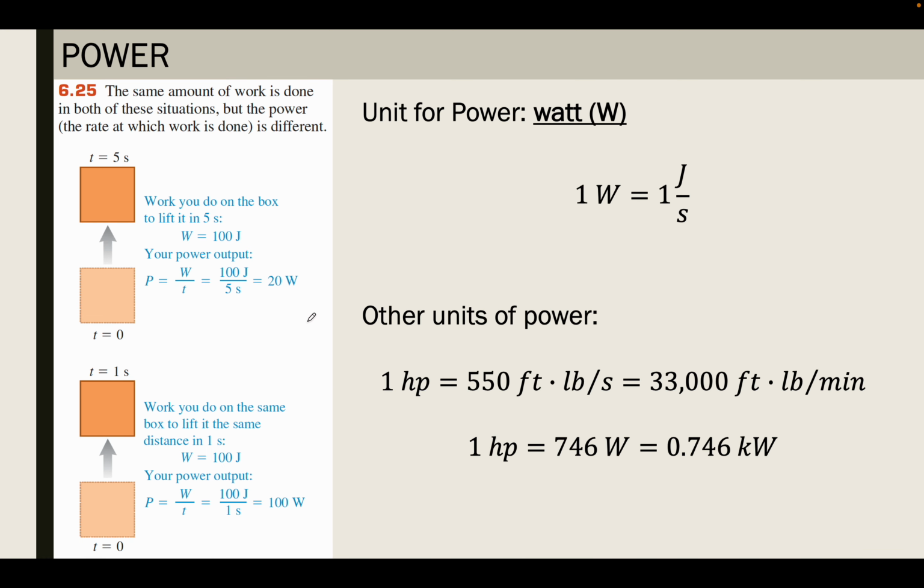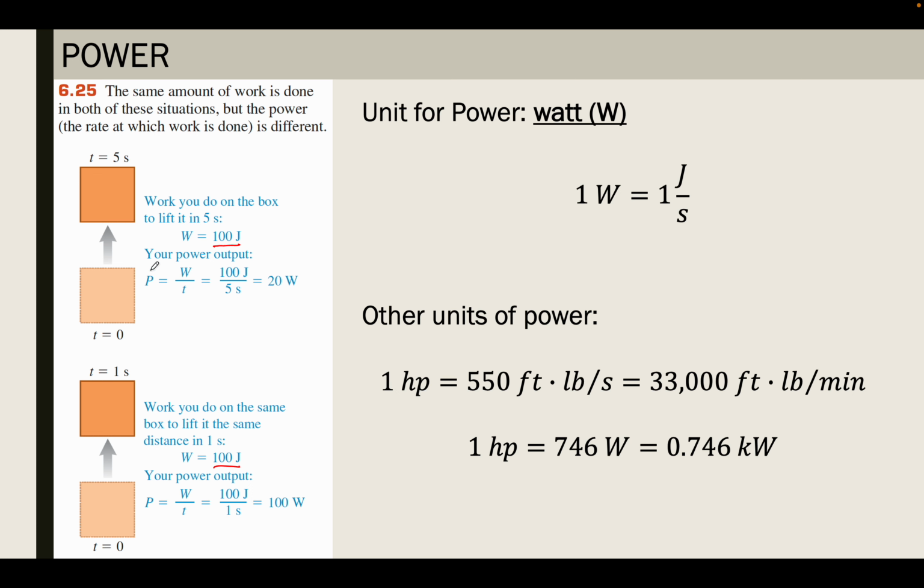Now we have here in figure 6.25 an example where the same amount of work is done in both situations, but the power, or the rate at which the work is done, is different. They have the same work, which is equal to 100 joules, but different power output.